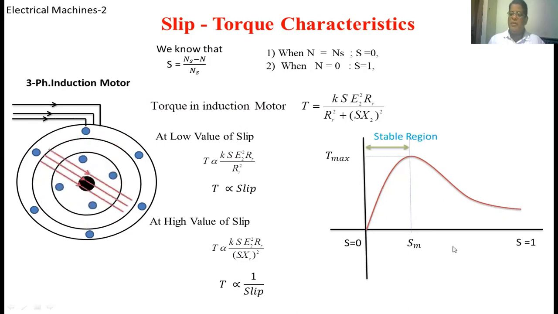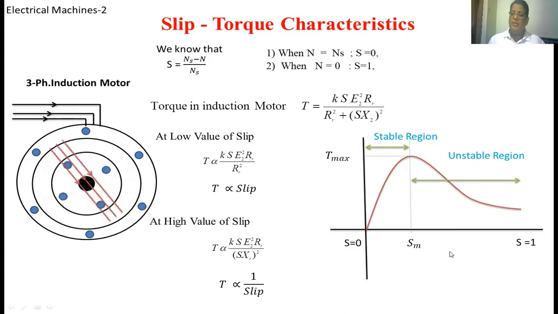This other region is the unstable region, where as the slip is increased, the torque developed in the induction motor decreases. We never operate the induction motor in this unstable region. At this point, how much torque is developed in the induction motor? This is nothing but the starting torque. These are the slip torque characteristics of an induction motor.